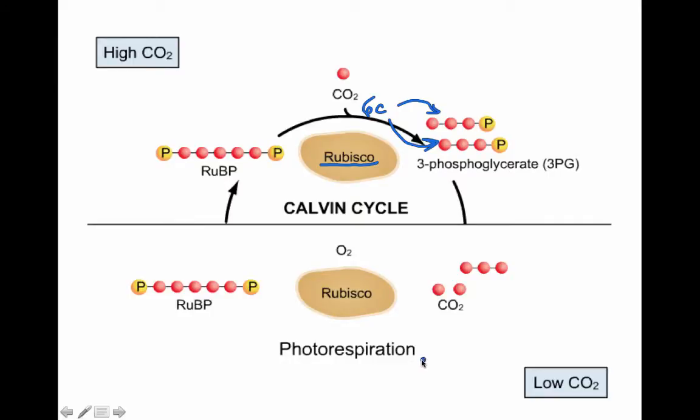This is where your 3-carbon intermediates actually break down back into CO2. And this obviously is a wasteful process for the plant. It's not ideal, and so plants have evolved mechanisms to reduce the amount of photorespiration that goes on.